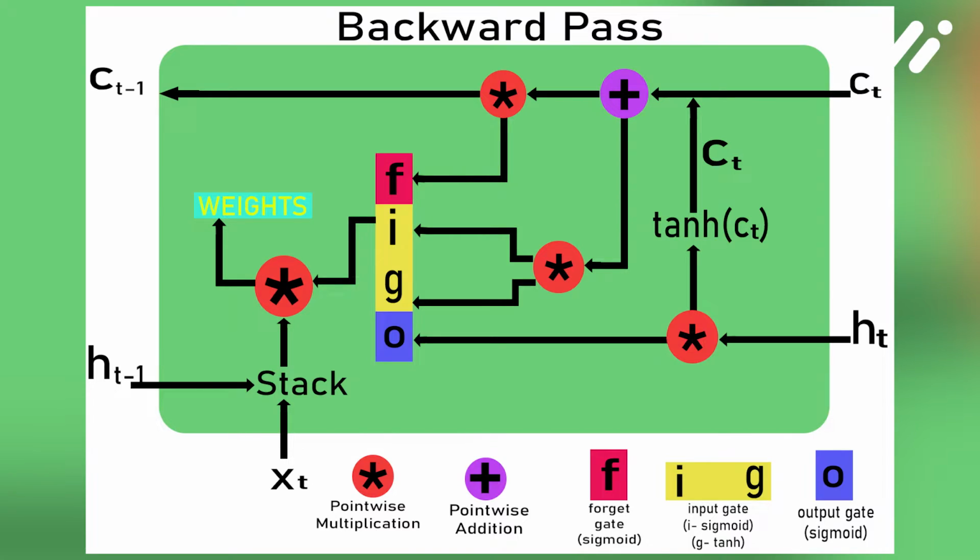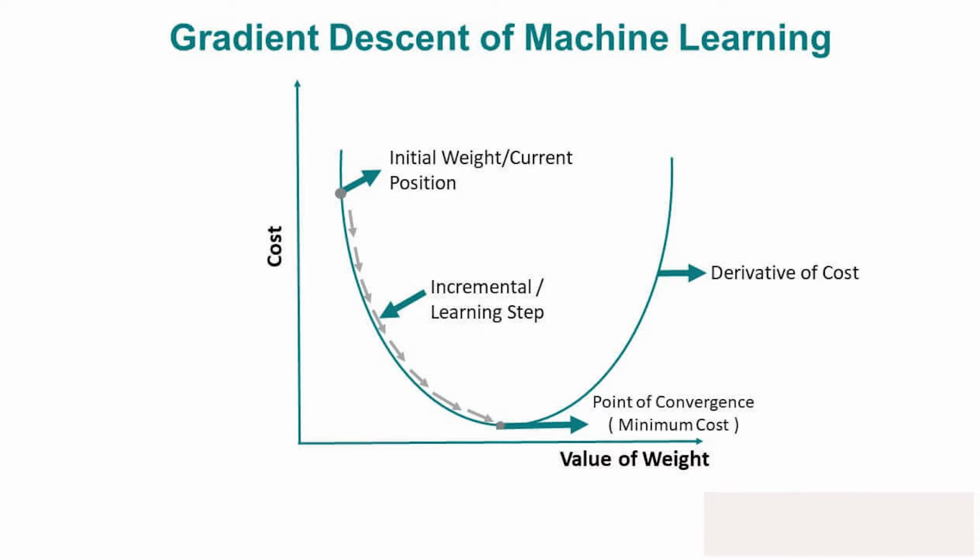Another step in model training, you get it, is backward pass. This backward pass is also known as gradient descent. Now, in backward pass, you calculate the gradient of the loss with respect to the model's parameters. You get it?